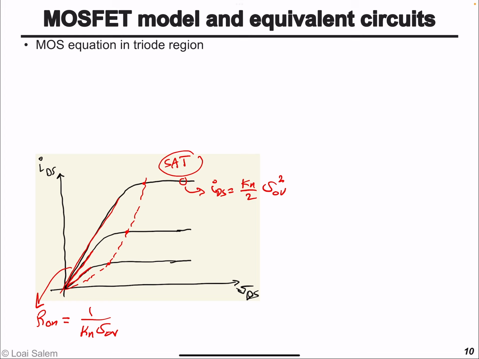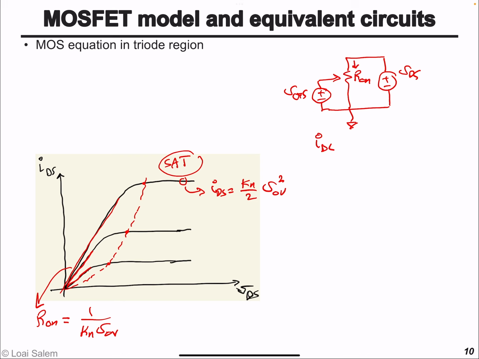So if we have the transistor in the deep triode region, this is the VDS, this is ground, and this is the VGS, and this is our R on. So what will be the current in the transistor, IDS, and the expression for the current?